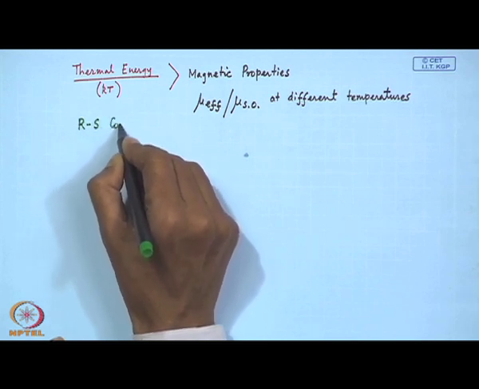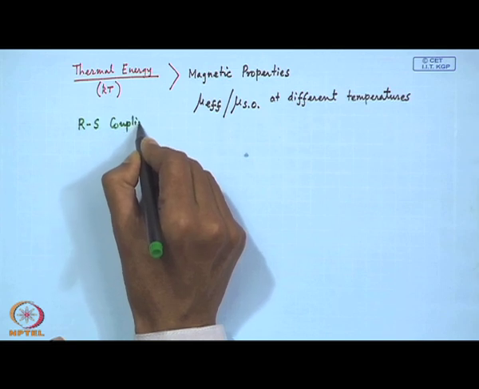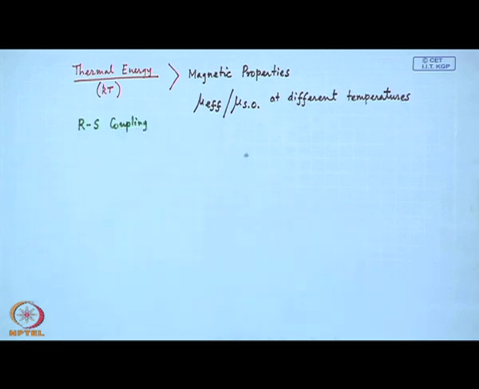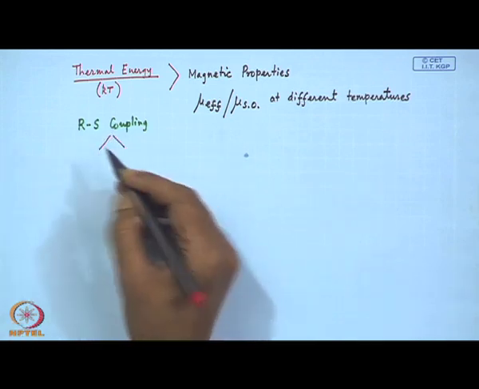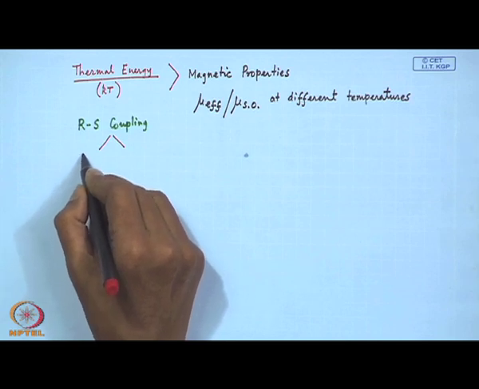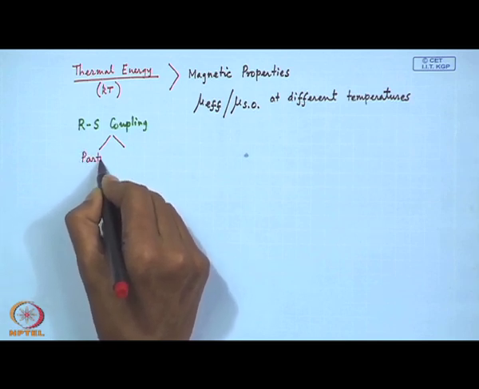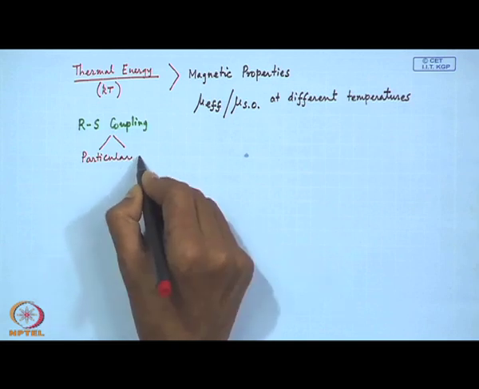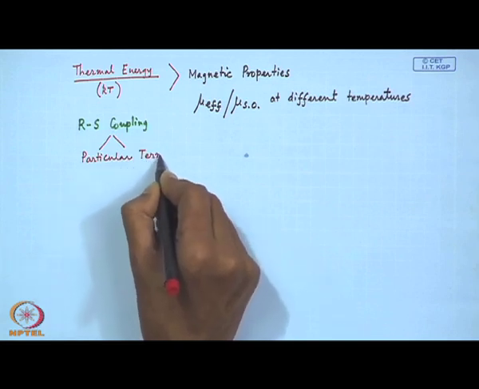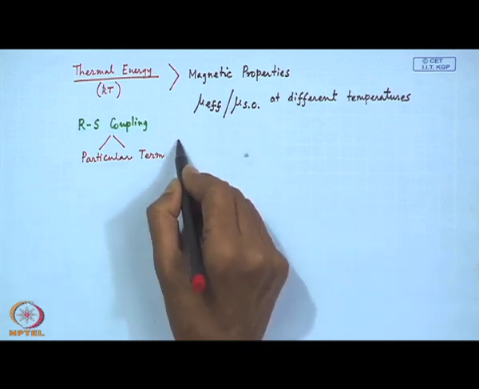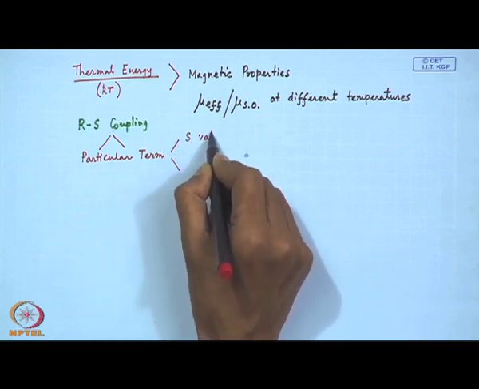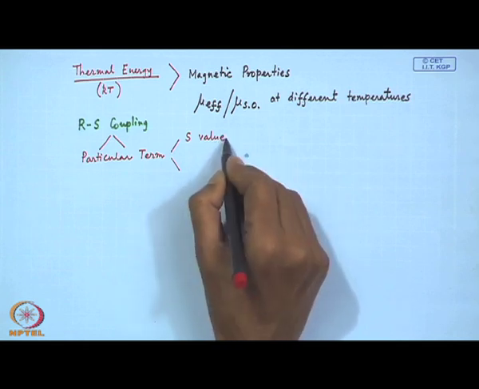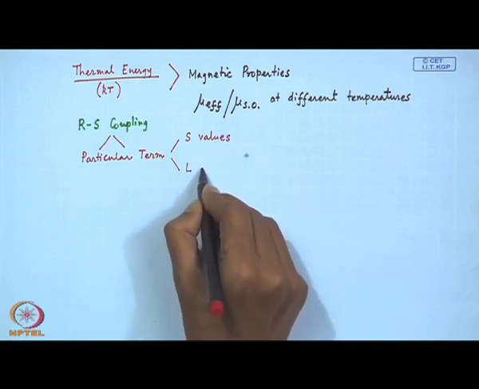So this RS coupling can be operative there, and we get a particular term which has typical S values and L values.